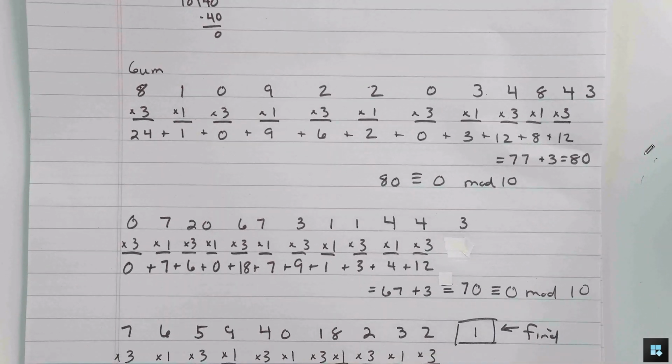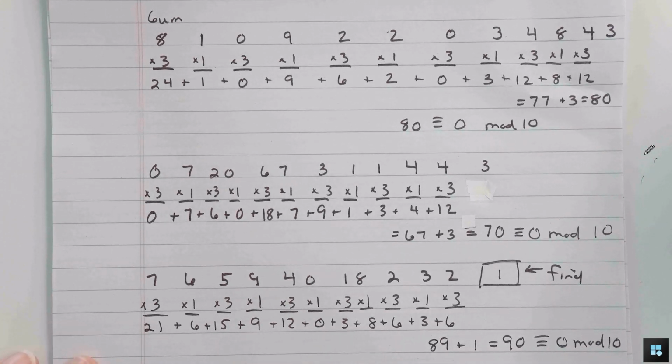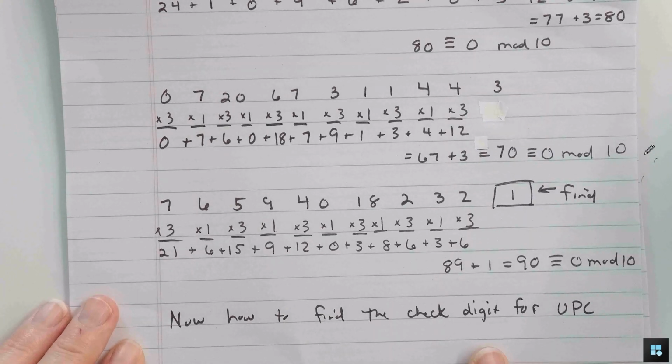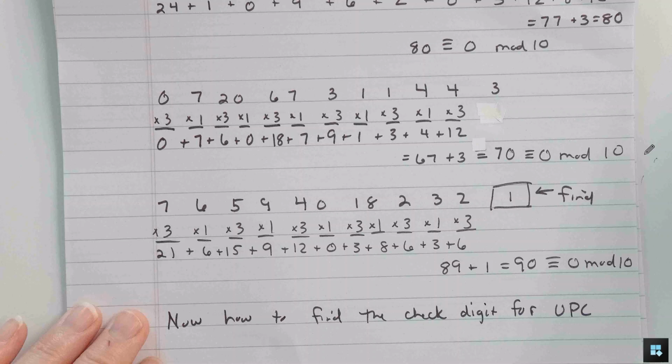So know how to find the check digit for just the UPC. You don't need to know how to find the check digit for the bank check. But you might see some homework about that on the computer, and I wanted to make sure I showed you one of those.